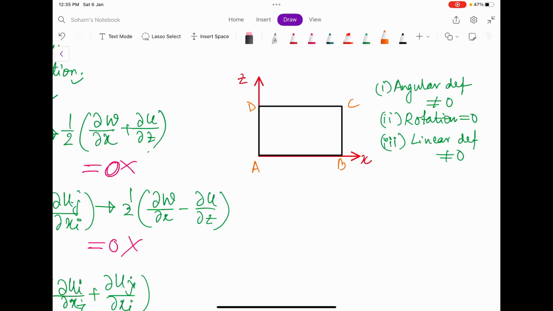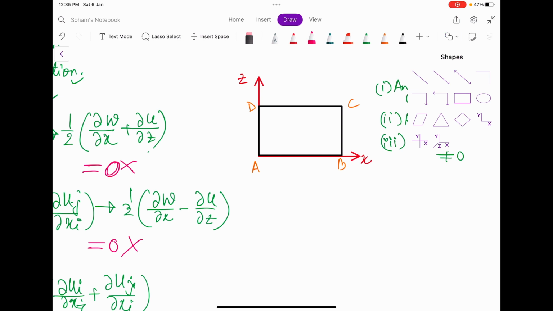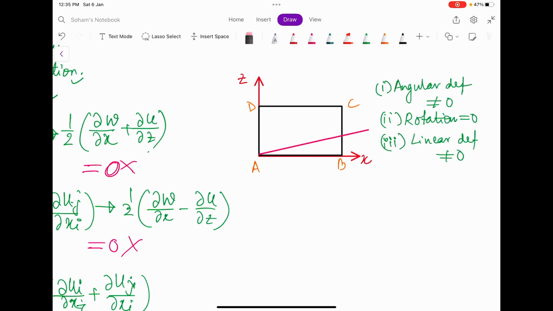Okay, so linear deformation can only happen for AB in x direction, because AB is aligned with the x initially. So now maybe AB will look like this, so it has elongated, or maybe like this, because linear deformation can also mean compression. So maybe this is AB dash.